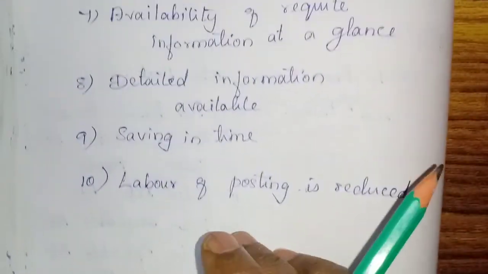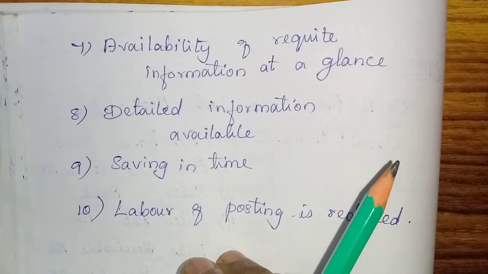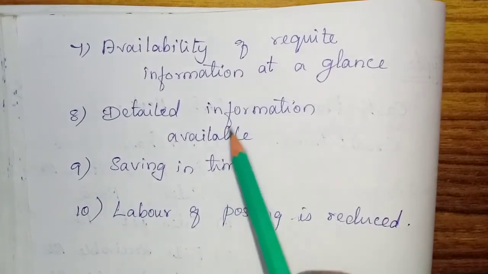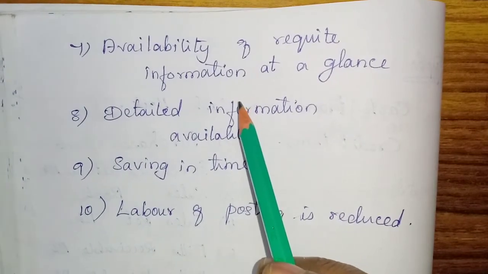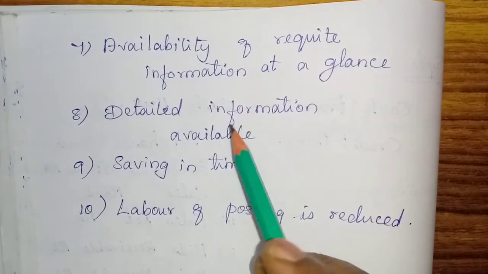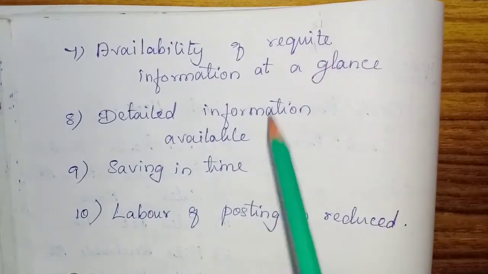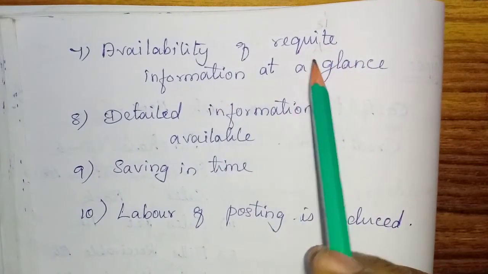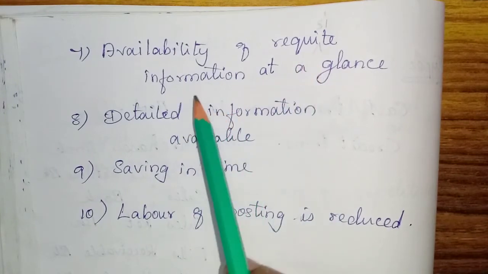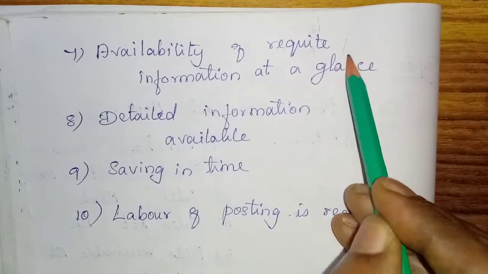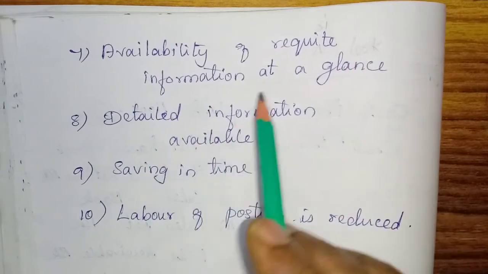Then four more points are available. Seventh one, availability of requisite information at a glance. Requisite information means needed information, which can be availed at a glance, at a look. One look we can find out.